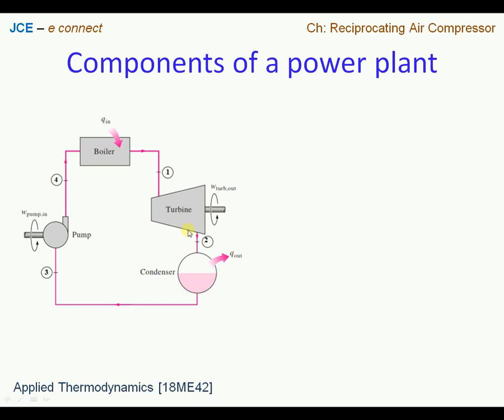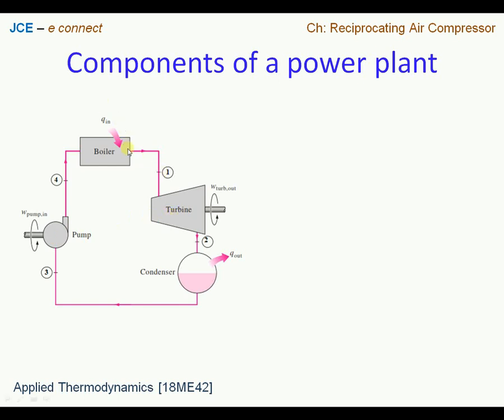At the same time, there are two work components here. One work is associated with the turbine, which is of very high magnitude, and the other is the work input to the pump so that it can operate and compress the fluid. The magnitude of pump work compared to the turbine will generally be very small.